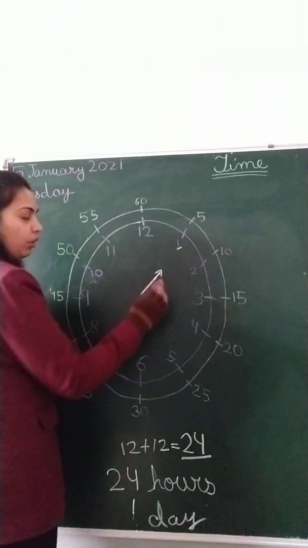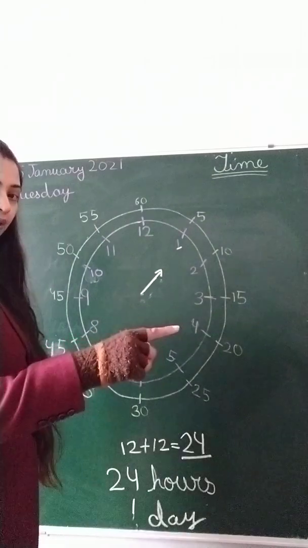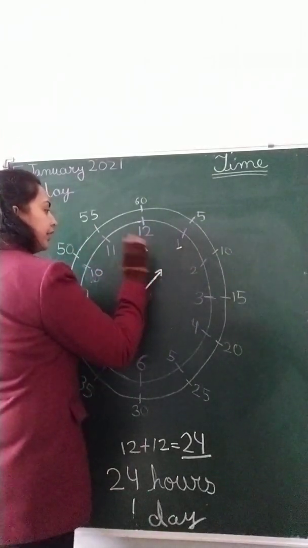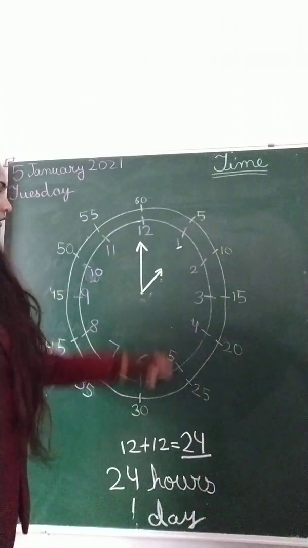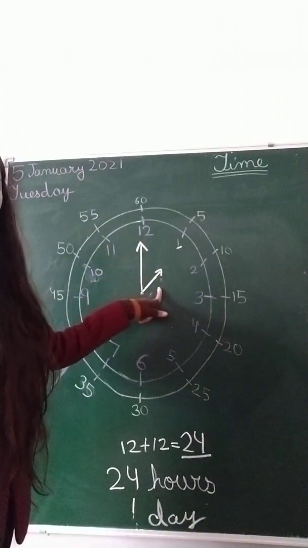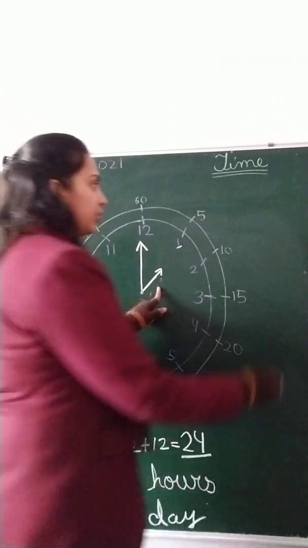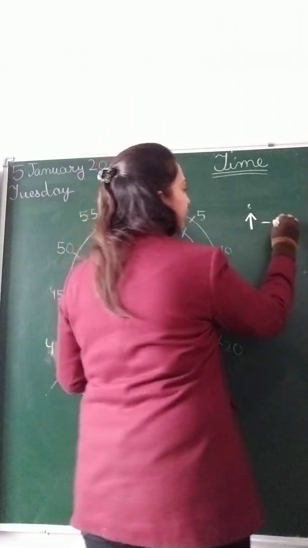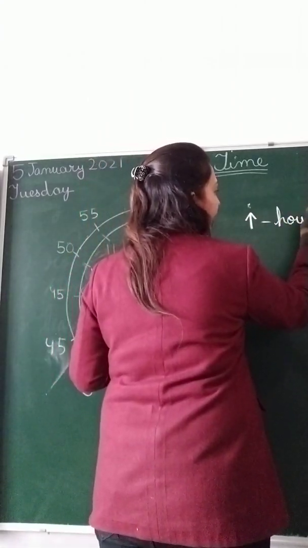One hand is the small hand and the other hand is the longer one, right? The one is short, the one is big. The short hand is known as the hour hand. So I am writing over here, the short hand is known as the hour hand.